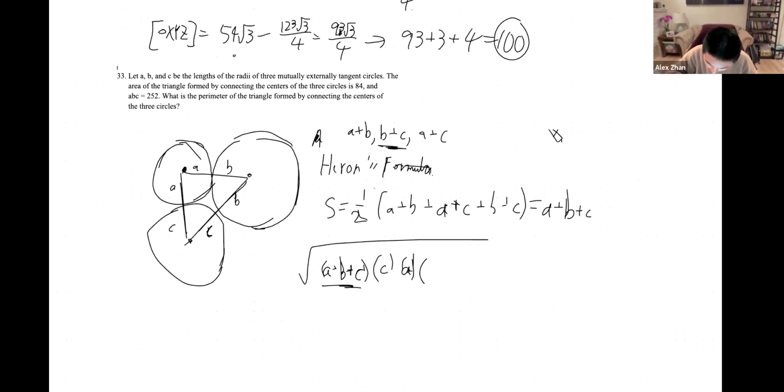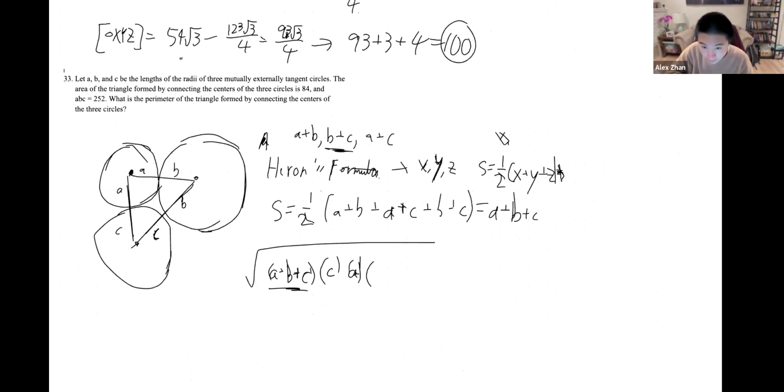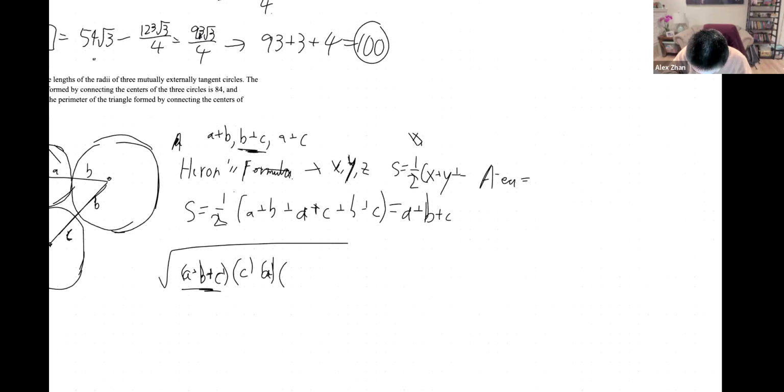For Heron's formula, suppose the side lengths are X, Y, and Z, and we define S to be one half of X plus Y plus Z. Then the area is equal to the square root of S times S minus X times S minus Y times S minus Z. Okay, but either way, back to the original problem.